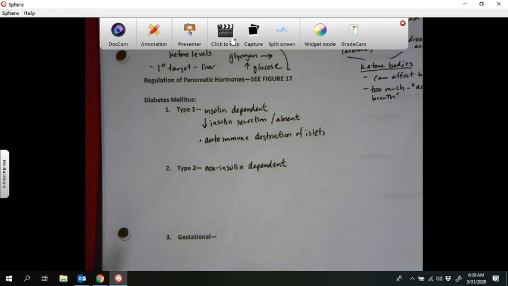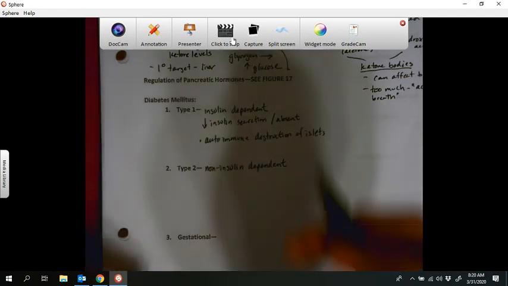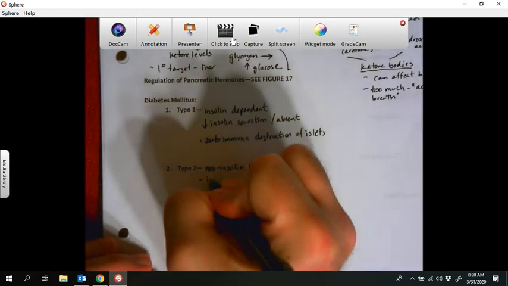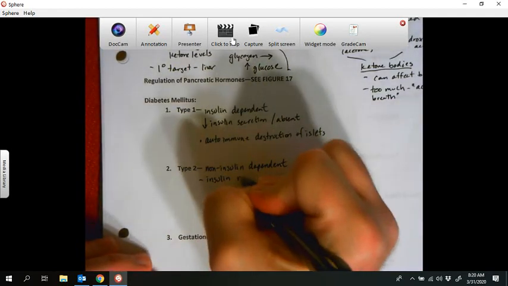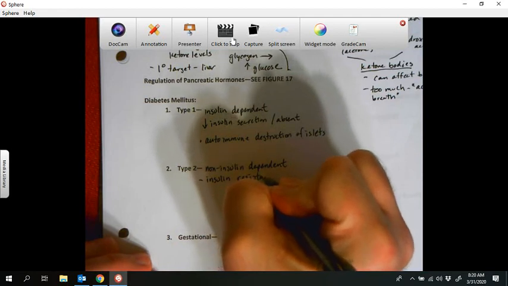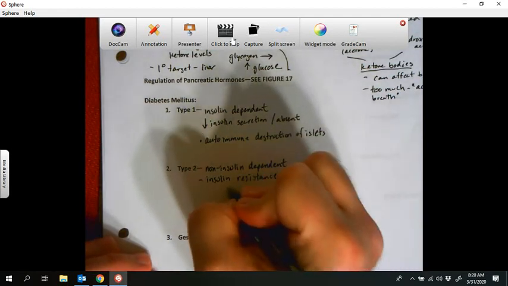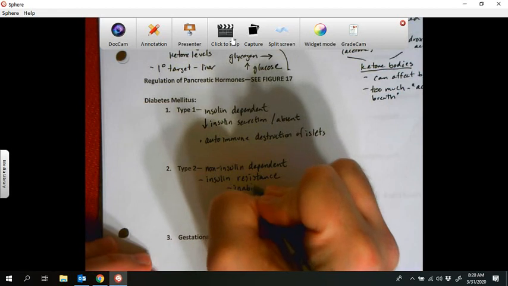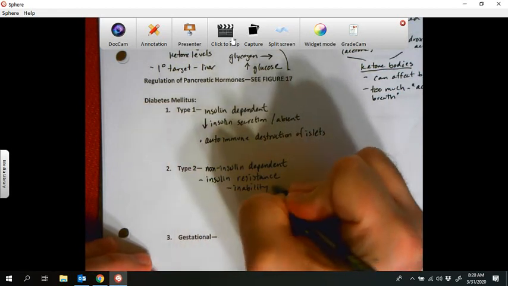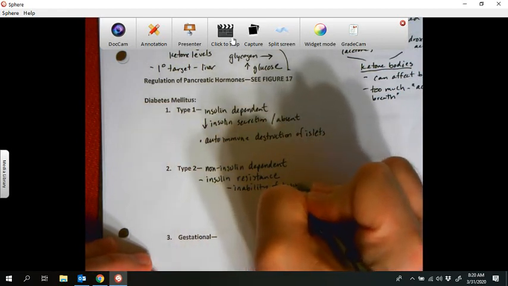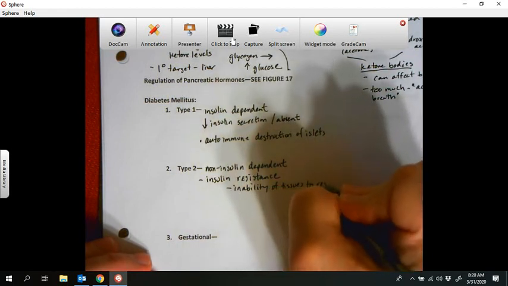They can all lead to type 2 diabetes. And this is where we have insulin resistance. What that means is we have the inability of tissues to respond to insulin.